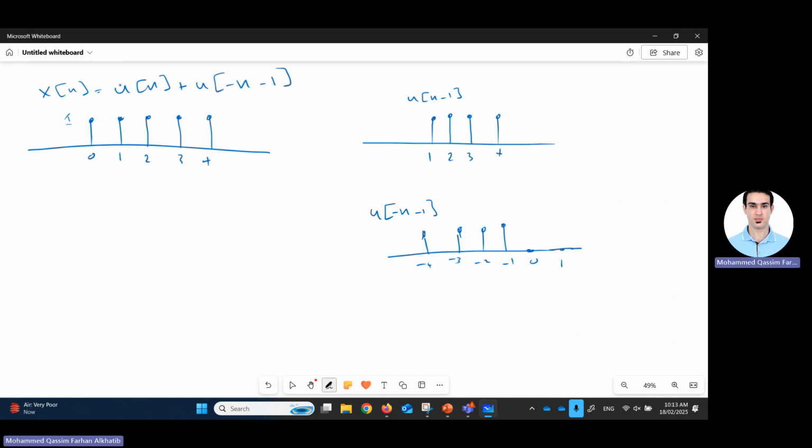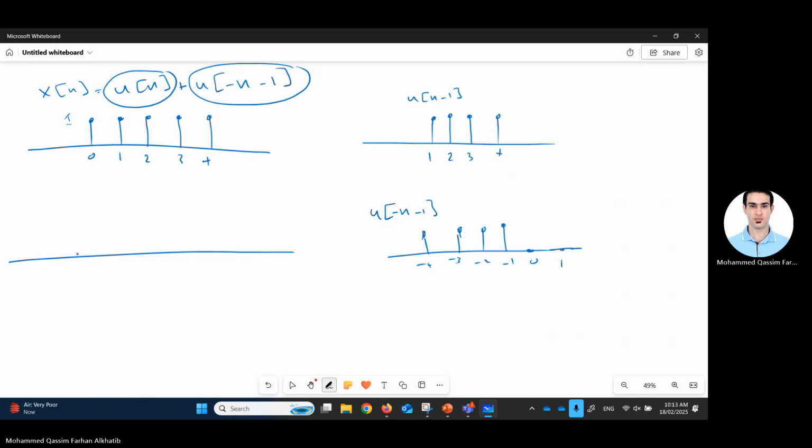Now you are adding this one to this one. So is there any overlap? By overlap, do we have common indices? Let's say add 0, this one, add 0.